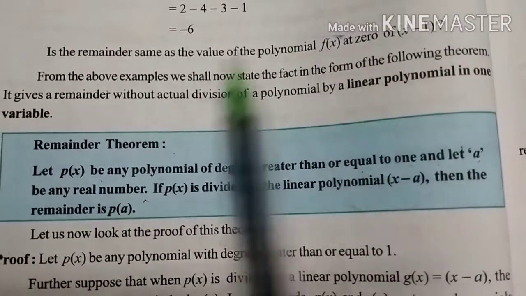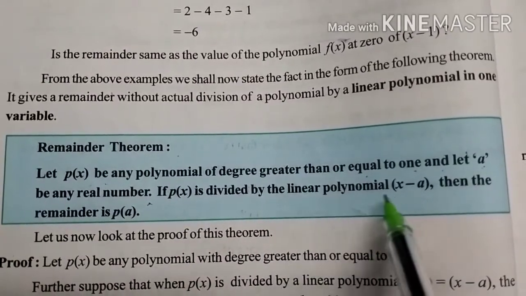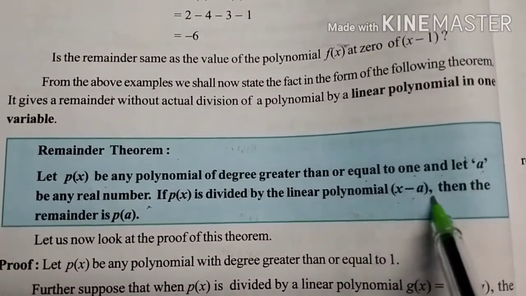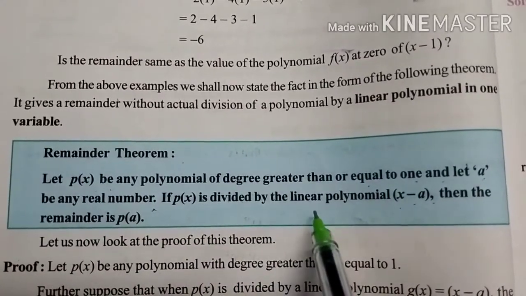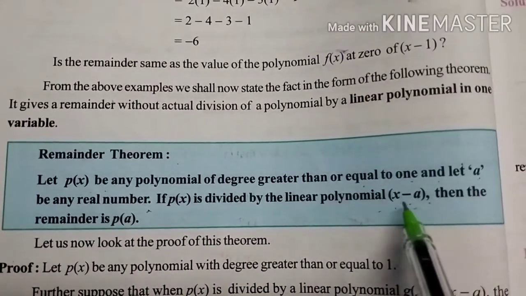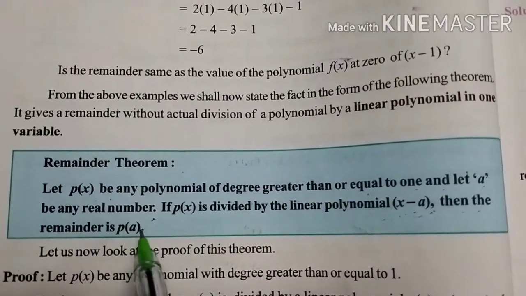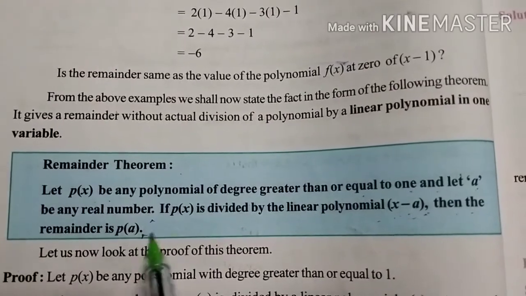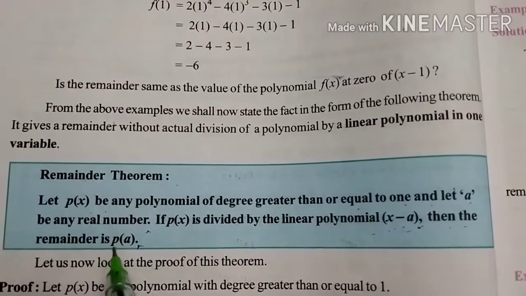If p of x is divided by the linear polynomial x minus a, then the remainder is equal to p of a only. That means if it is x minus a, the remainder is p of a.